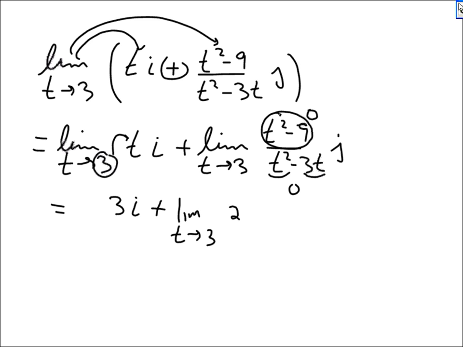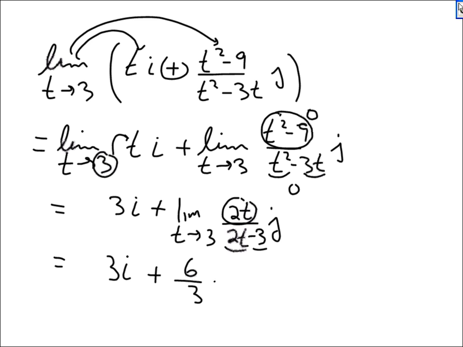We take the derivative of the top, which is 2t, and we take the derivative of the bottom, which is 2t minus 3. So we get the original 3i plus, plug in 3, 6 over 6 minus 3 is 3j. Answer is 3i plus 2j. 6 over 3 happens to be 2. Didn't have to be, but it was.